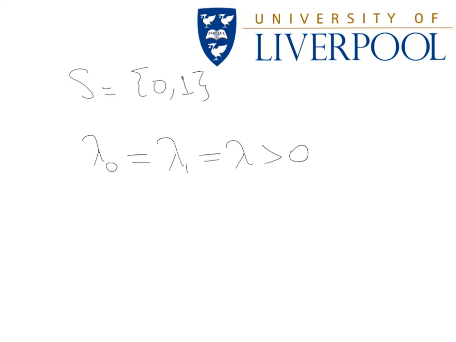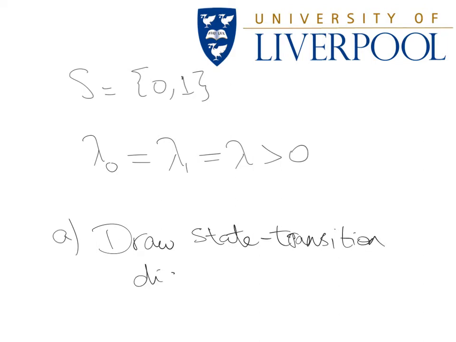Let's consider a simple example. A Markov chain with two states, S equals {0, 1}, with holding time parameters lambda 0 equals lambda 1 equals lambda, being greater than 0, and we wish to first of all draw the state transition diagram for the jump chain.